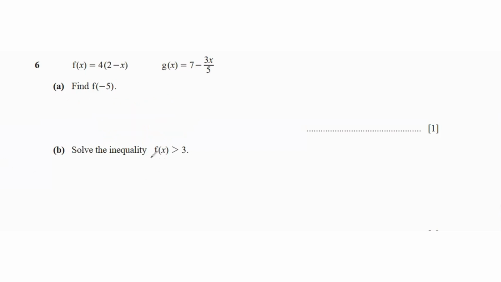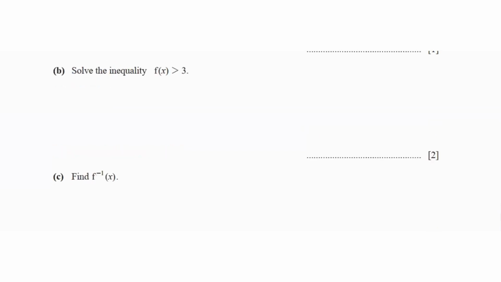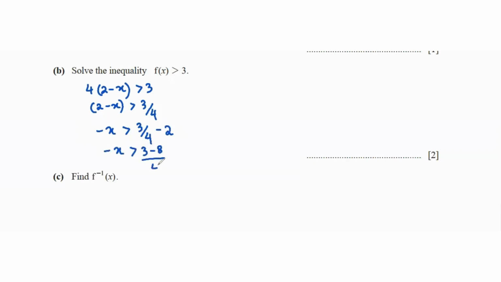Then it says solve the inequality f of x is greater than 3. So 4 times 2 minus x is greater than 3. 2 minus x is greater than 3 over 4. Minus x is greater than 3 over 4 minus 2, which is 3 minus 8 over 4.